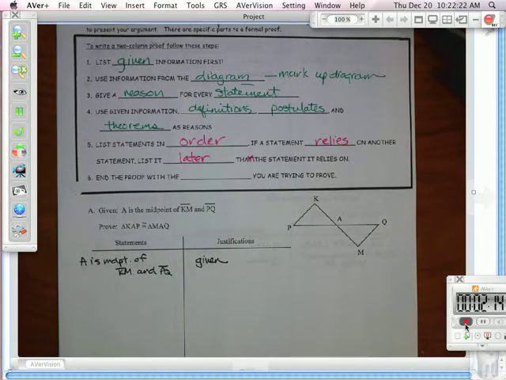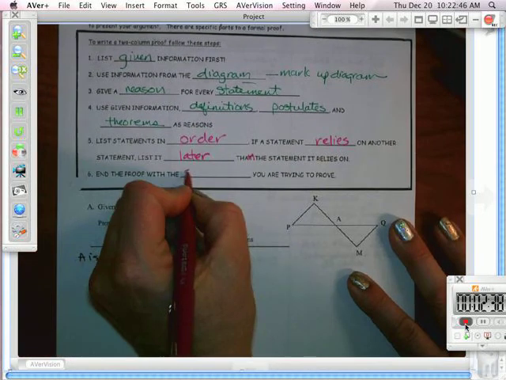For example, if you're told that two lines are perpendicular, you would say two lines are perpendicular, they form right angles, and then you would say right angles are congruent because they're both 90 degrees. That's what I mean. End the proof with the statement you are trying to prove.